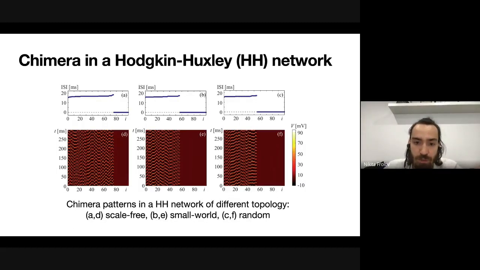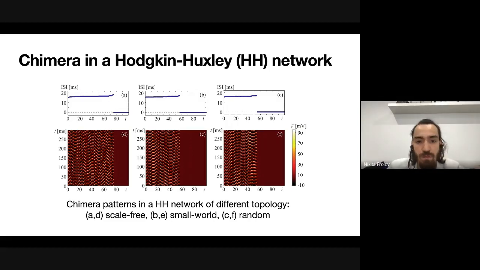Next, we demonstrate which pattern is associated with the chimera-like behavior in the Hodgkin-Huxley network. Here we ordered the network elements in accordance with the interspike interval, which is the analog of frequency in spiking neurons.